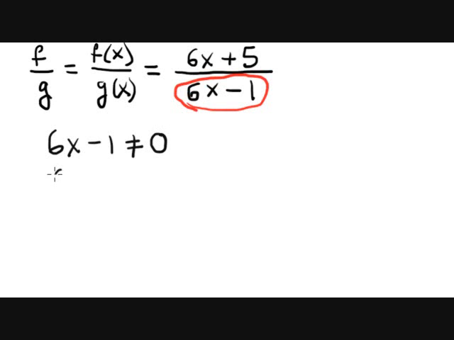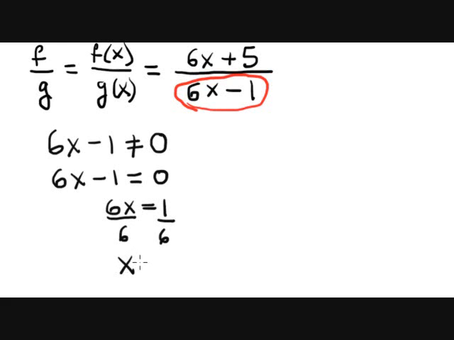One more time we convert it to an equation and solve the equation. 6x equals 1, divided by 6 on both sides, x is equal to 1 over 6.